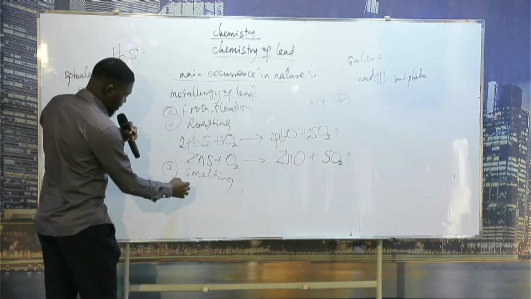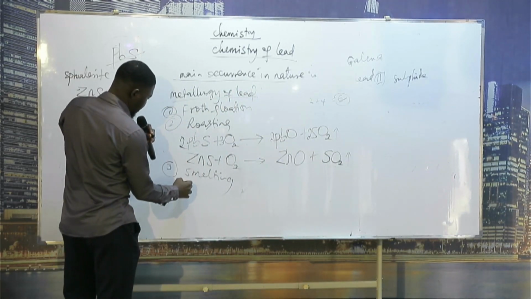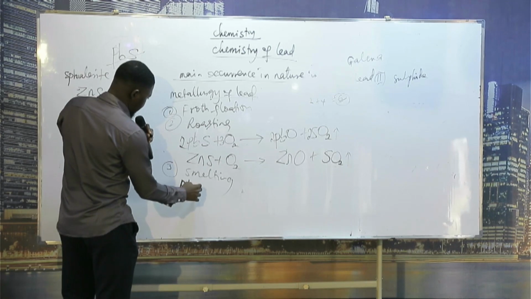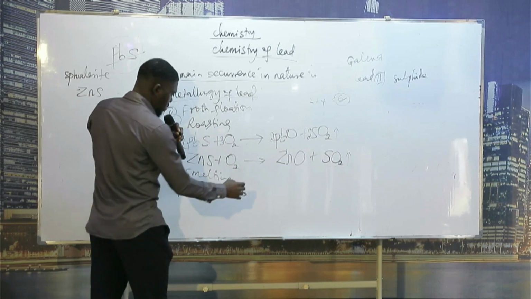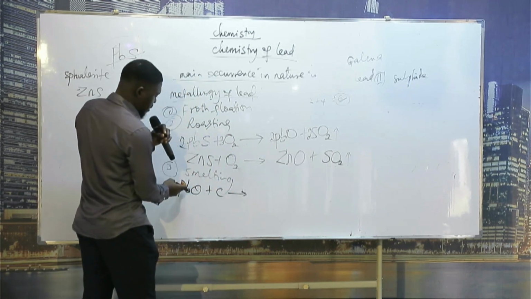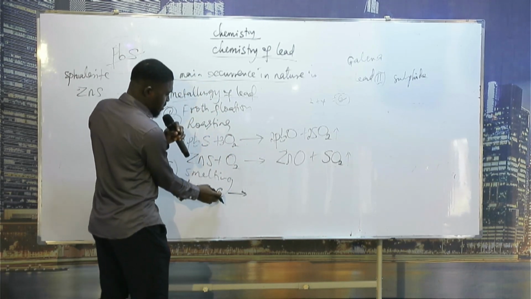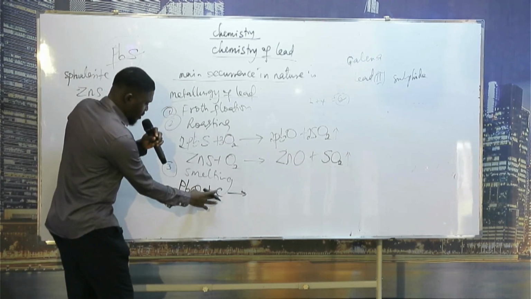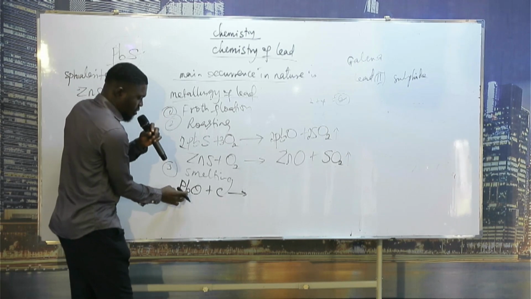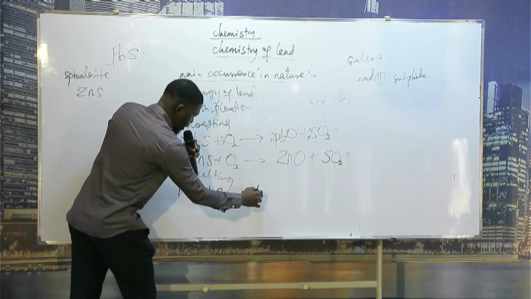So during smelting, the oxide, the lead 2 oxide is treated with coke, heated with coke. If that happens, coke is a powerful reducing agent. I hope you know. As a result, it will capture this oxygen, making lead 2 oxide reduce to lead.